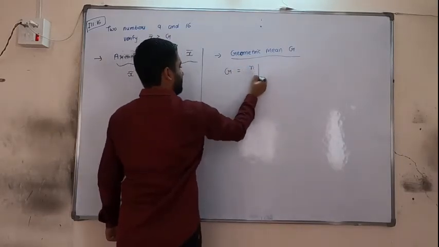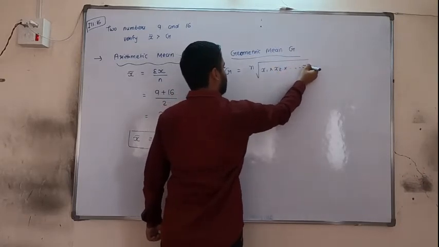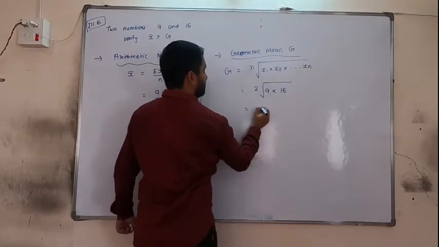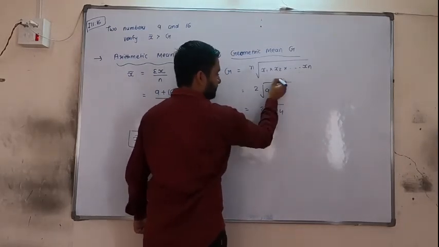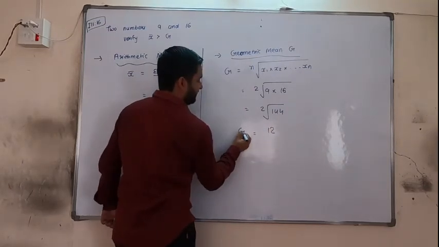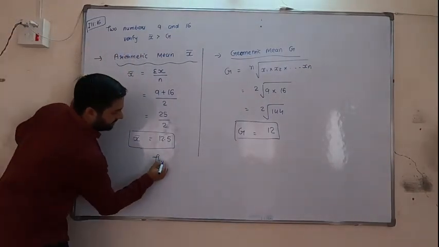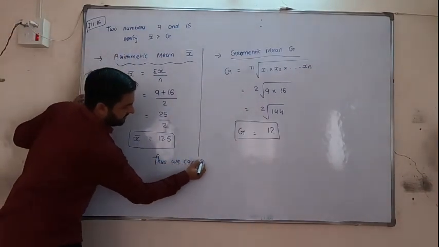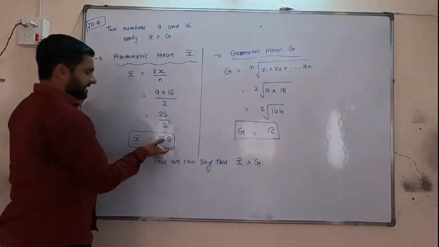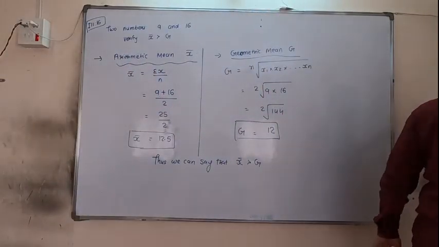G is equal to nth root of x1 multiplied by x2 up to xn, second root of 9 into 16, second root of 144, 16 9s are 144, so second root of 144 is 12. Thus we can say that x bar is greater than g. X bar is 12.5, geometric mean is 12, so x bar is greater than g.